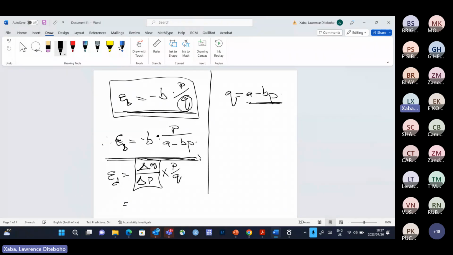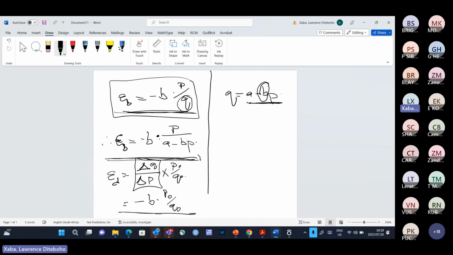This is our slope from the demand function equation, which is minus B, times P0 divided by Q0. So this is the formula that we use when we calculate the point elasticity given a point.